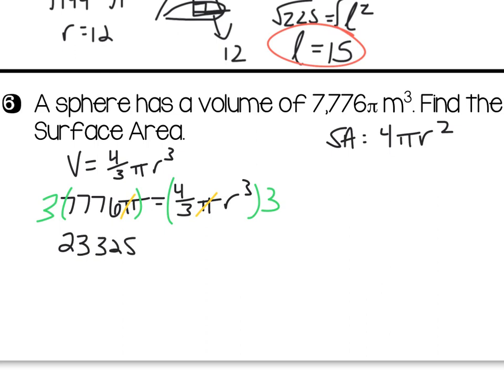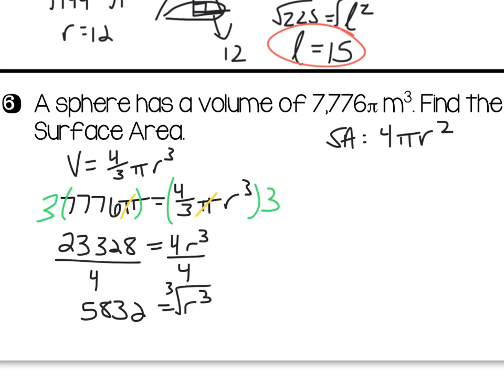And I get a nice large number when I multiply by 3. And then we're going to divide by 4, and I get 5,832 equals r cubed. And if I do the cube root of that, or say what number cubed is 5,832, we're going to get that my r is 18.